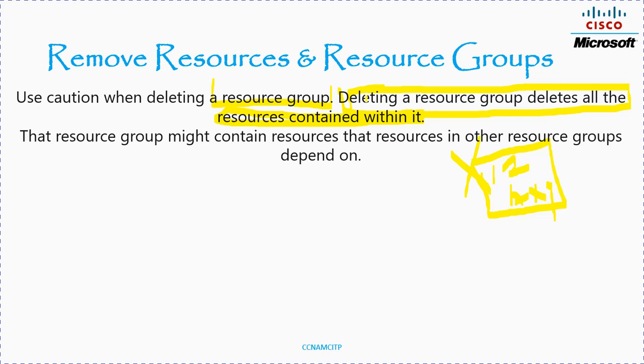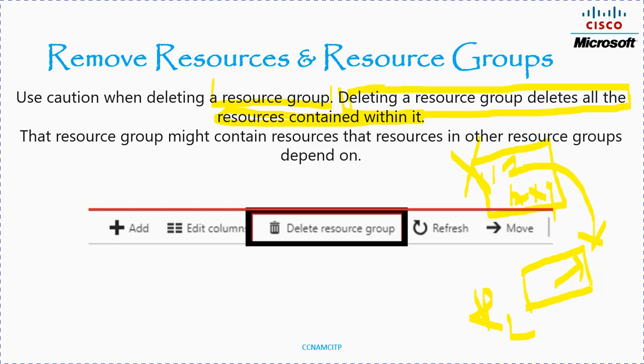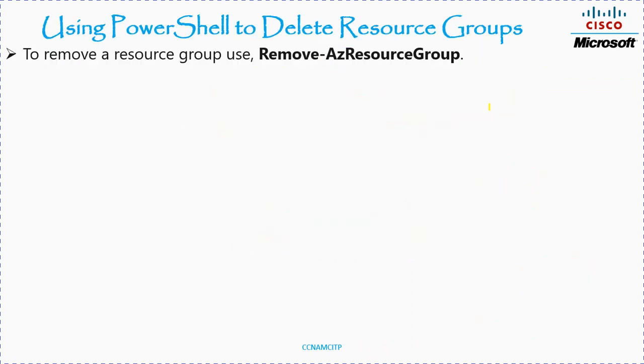Maybe you have one more resource group here, R2 for example, and the resource kept here is related to some resources there also. That is a very rare situation, I am telling you. And you can see this option, delete resource group. If you select this, you will delete whatever is inside that resource group.